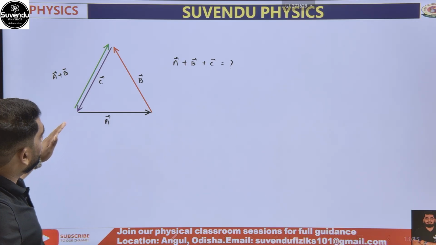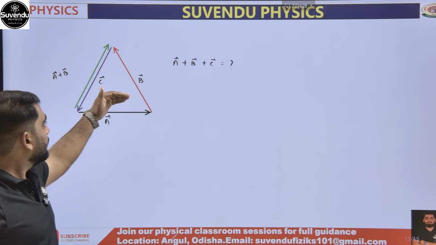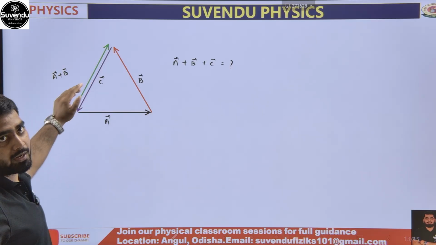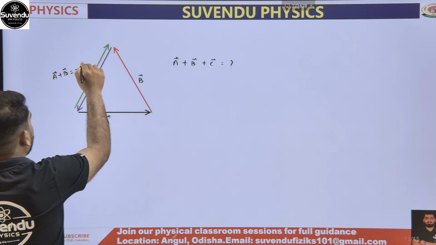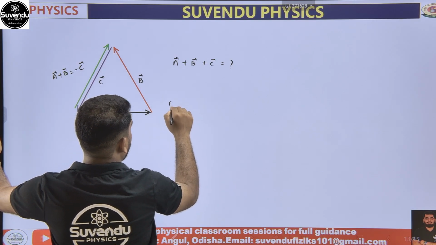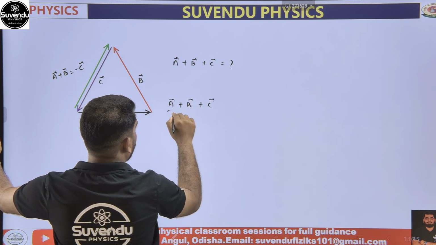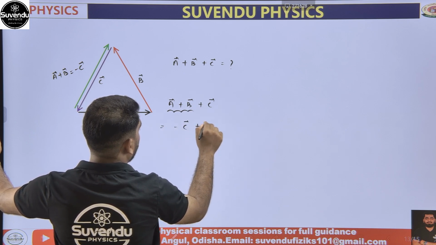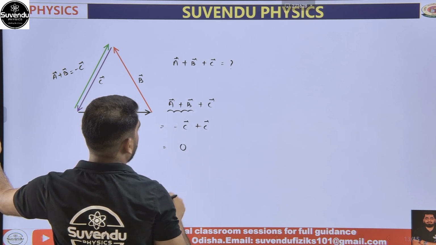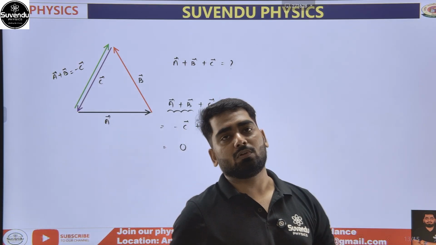But that vector is simply opposite to C vector, same magnitude, opposite to C vector. So we can write it as minus C vector. So instead of A vector plus B vector, we write minus C vector plus C vector. That is 0. Practically this is a 0 vector, null vector.